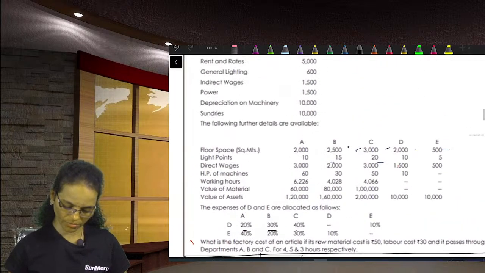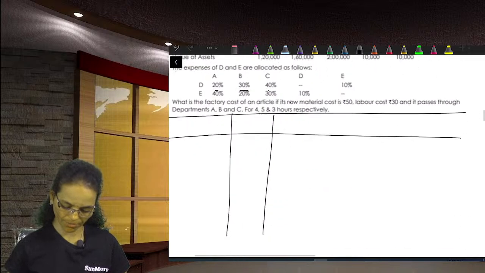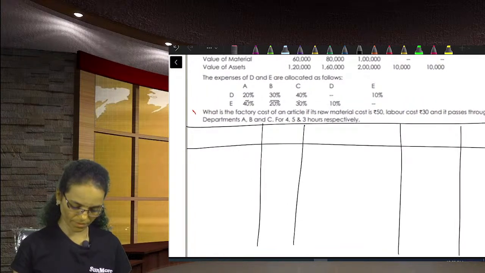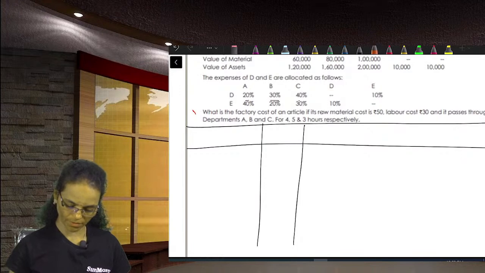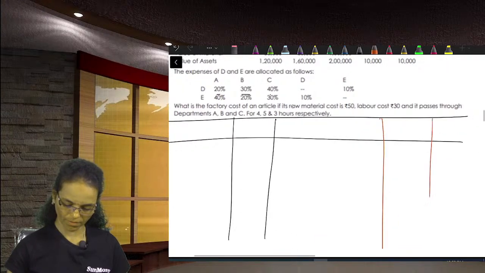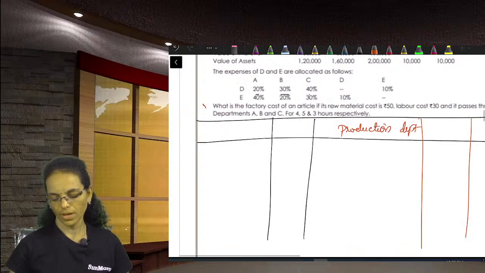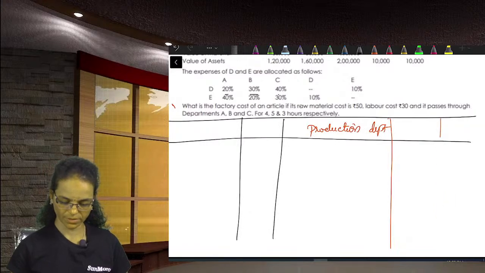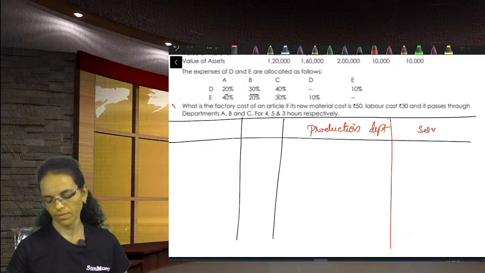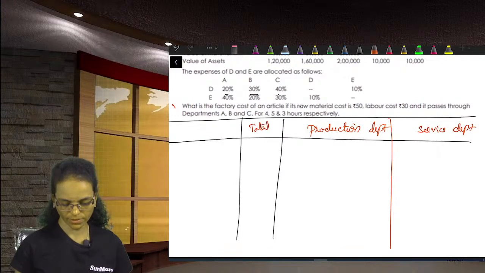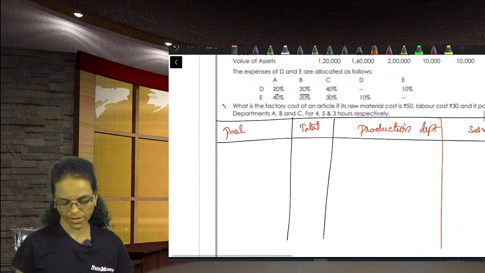We have 3 production departments and service departments. This is for the totals, this is for the particulars or expenses we can say.